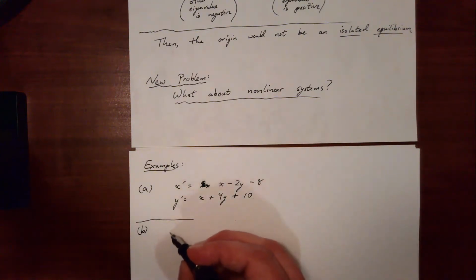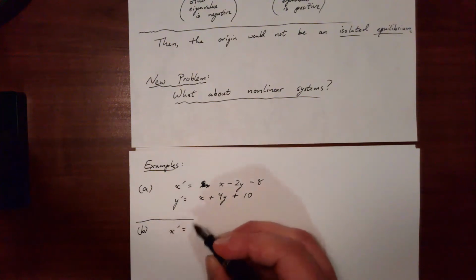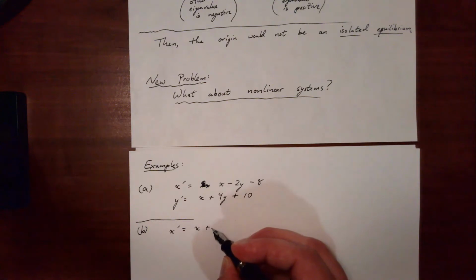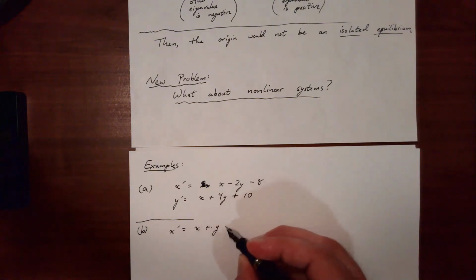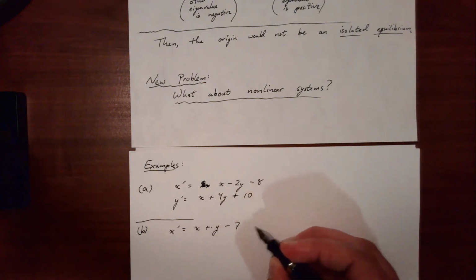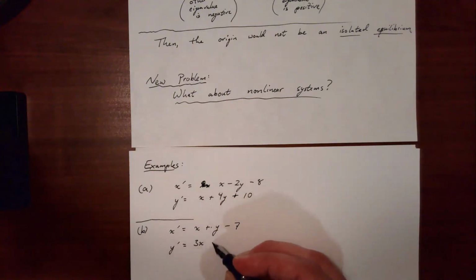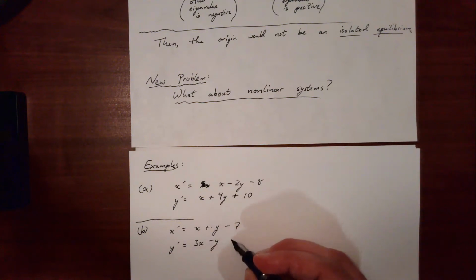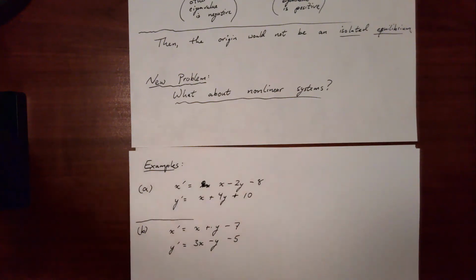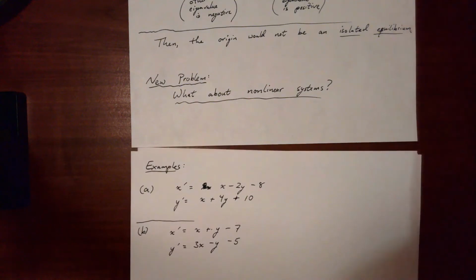Let's have another one like that. x prime is equal to x plus y minus 7, y prime equals 3x minus y minus 5. Again, same issue.